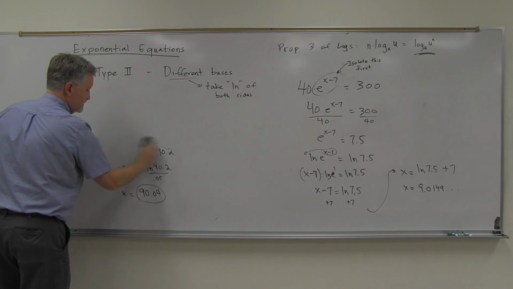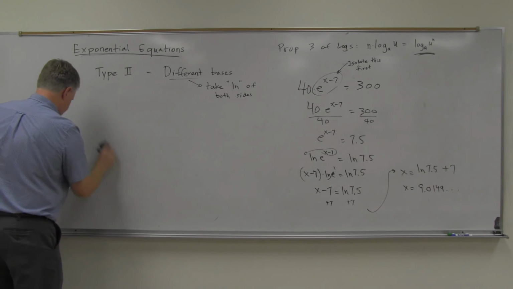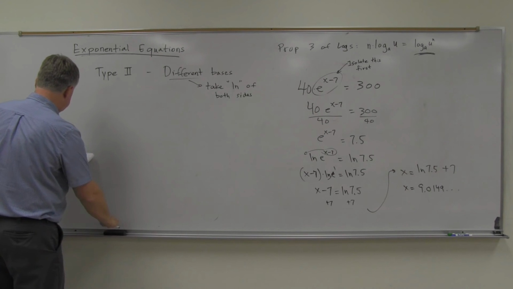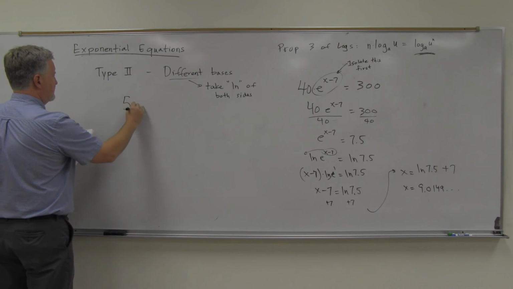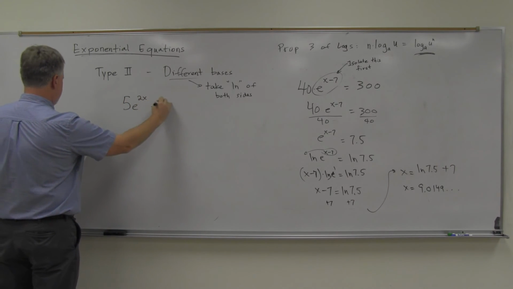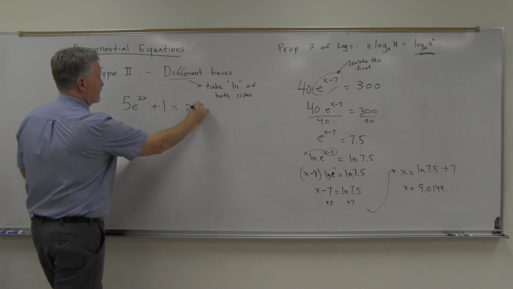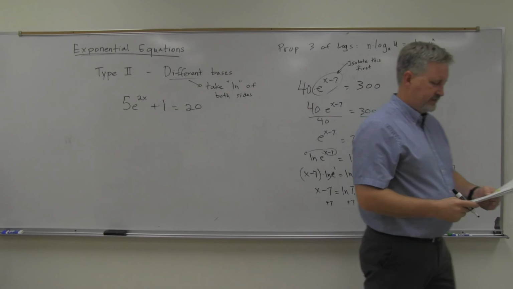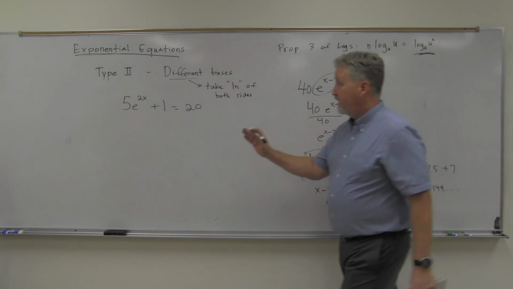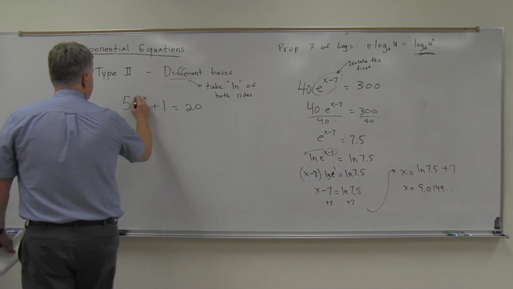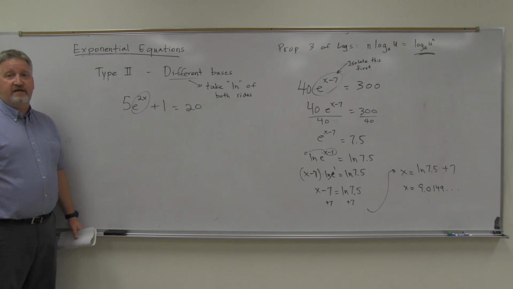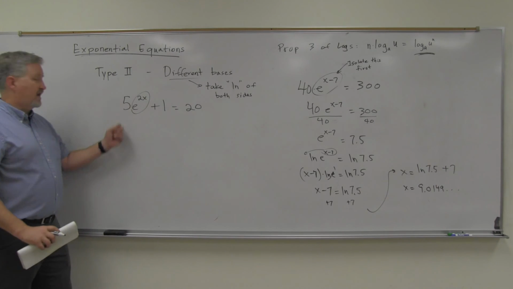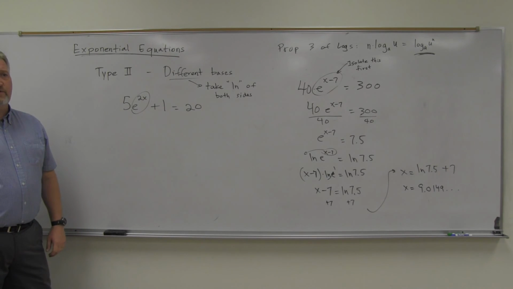All right, this one is somewhat similar. 5e to the 2x plus 1 equals 20. What do you think we have to do there first? Get rid of the 1 and the 5, right? I need to isolate the exponential. So I've got a plus 1 and a 5 that I don't want on this side.